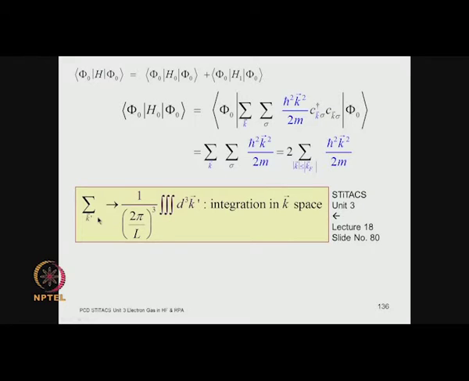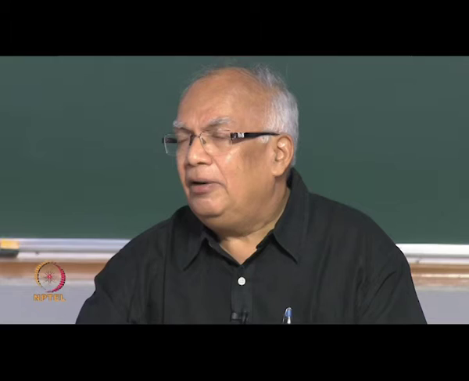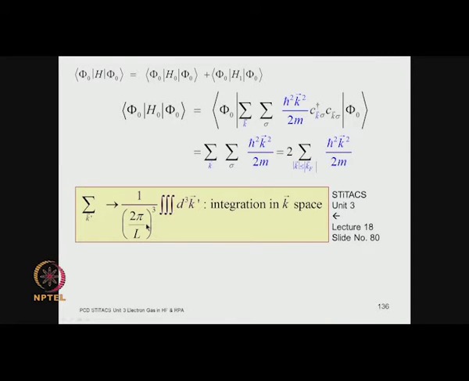We have shown already that the summation over k is completely equivalent to integration in the momentum space, but then you have got this factor 2 pi over L whole cube that comes from the boundary conditions in which you have the plane waves which are not to be found all the way to infinity, but they are confined to the length of the box. So, that is the reason you have this 2 pi over L whole cube coming here, and we will now go over from this summation, this discrete summation, to integration.